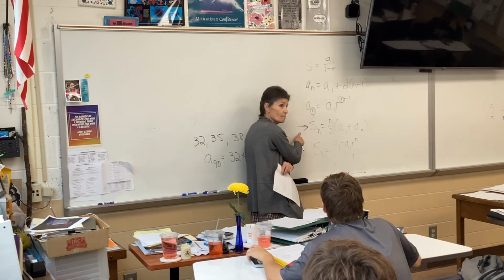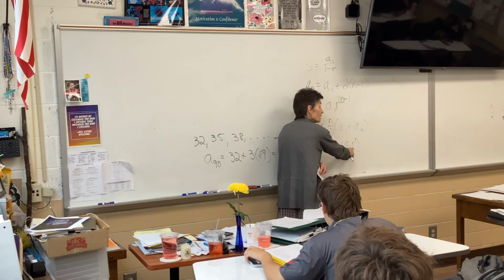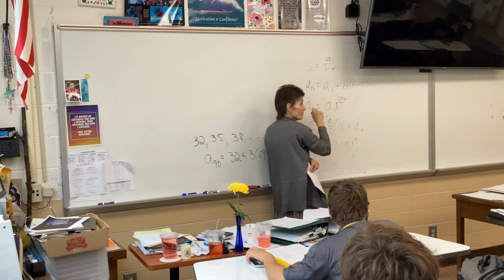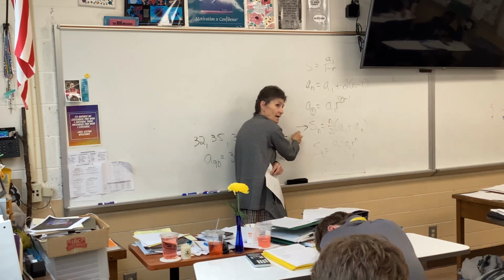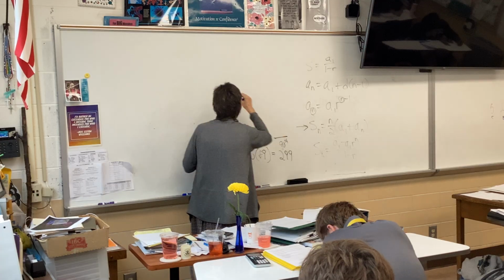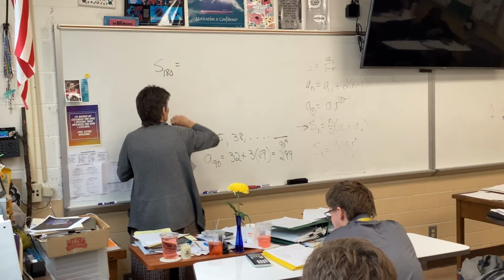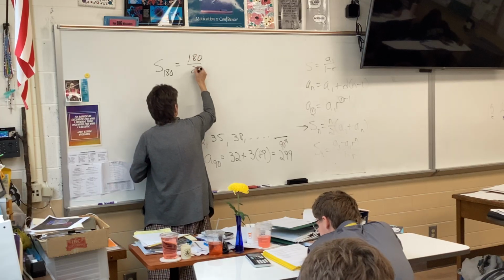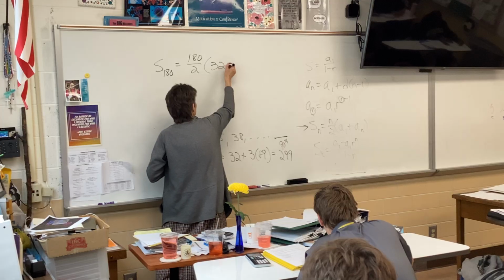This is my arithmetic sum formula. Look, this has an R in it. That has an R in it. That's only for geometric, right? So process of elimination, that's your guide. So I'm adding up 180 days worth. So that'll be 180 over 2 times the first day, which is 32.